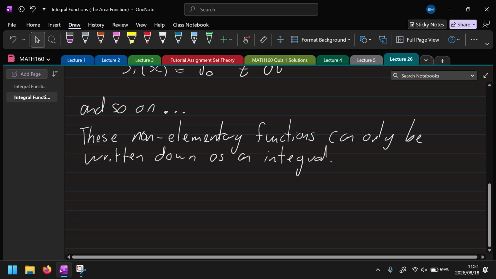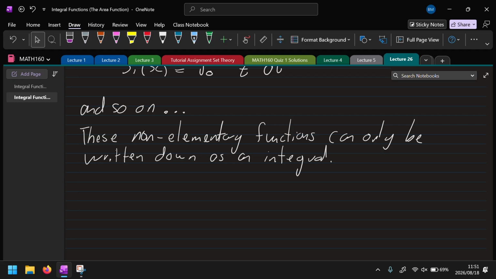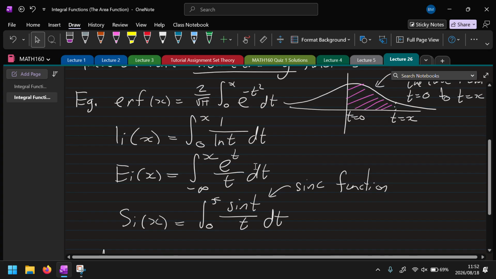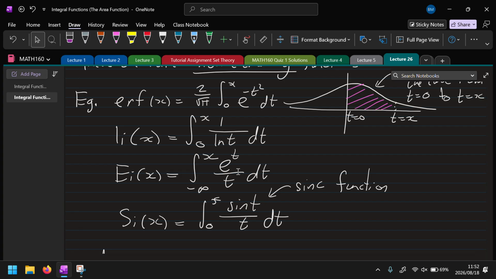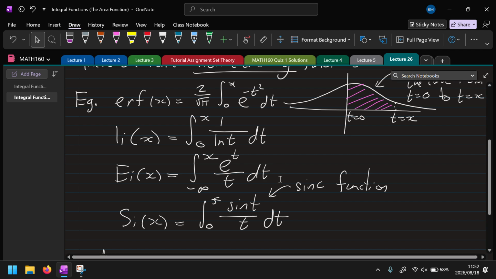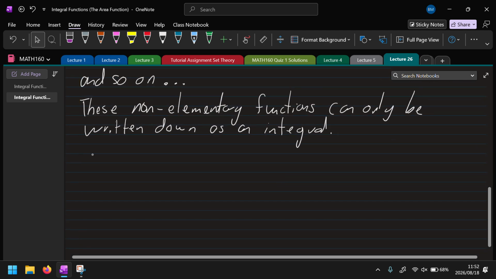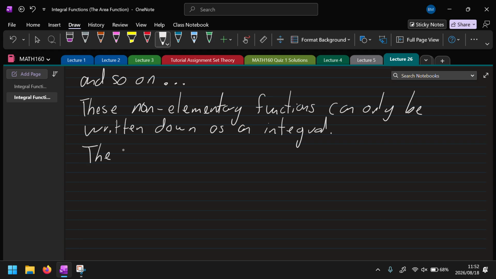Now, the ones that we're going to be looking at are not these funny non-elementary types. What we're going to be looking at are functions where we can compute this. So we're going to have some integral of a function, and we can actually get some function from this. So the area function.